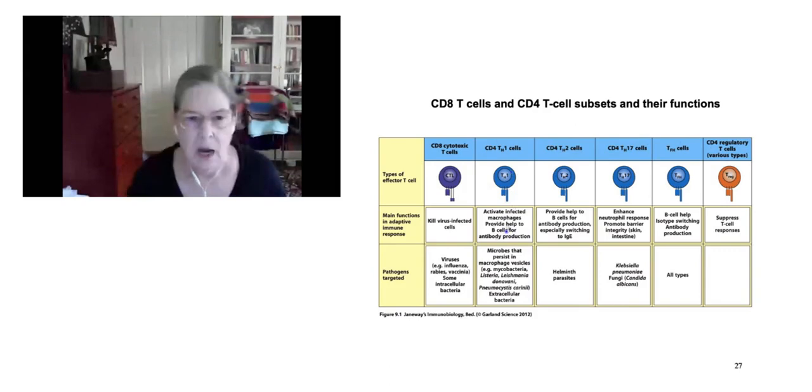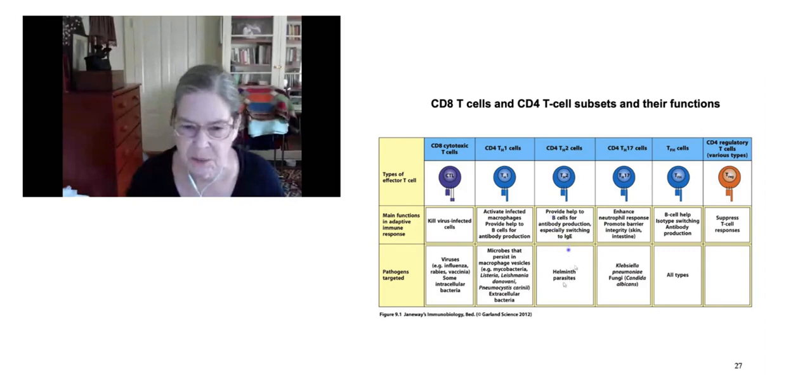So Th1 responses help activate macrophages that have ingested bacteria and viruses and stuff. Th2 responses are run by different cytokines. They can help push antibody B cell responses. Both of these can force the B cells to class switch to particular classes, in this case, for instance, IgE.